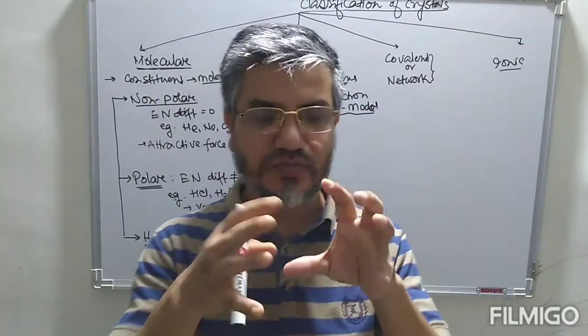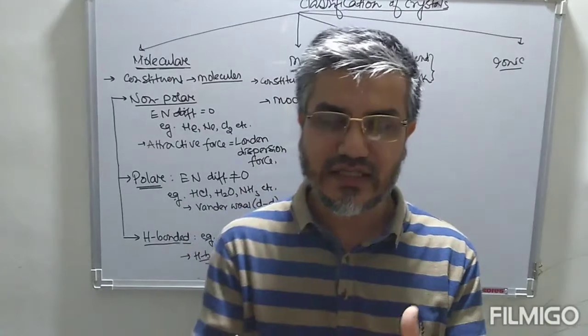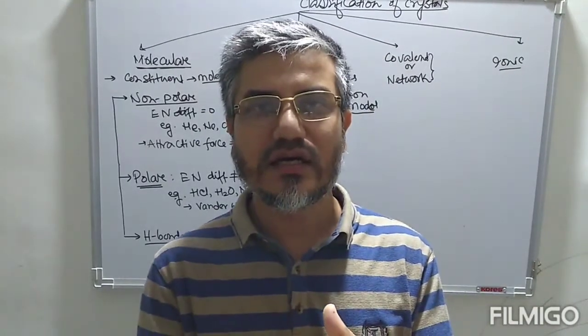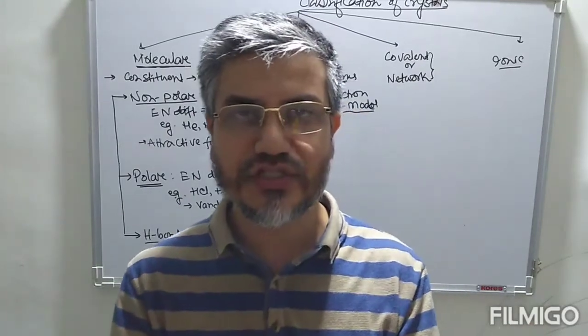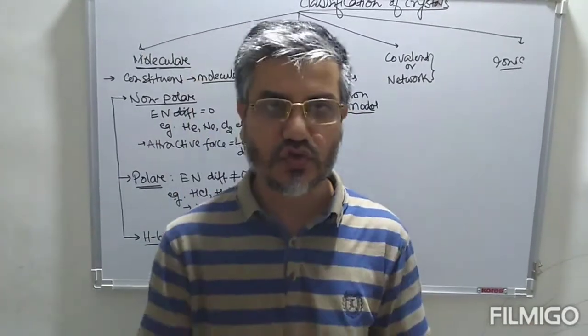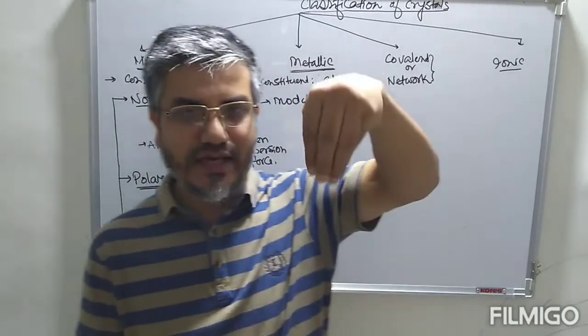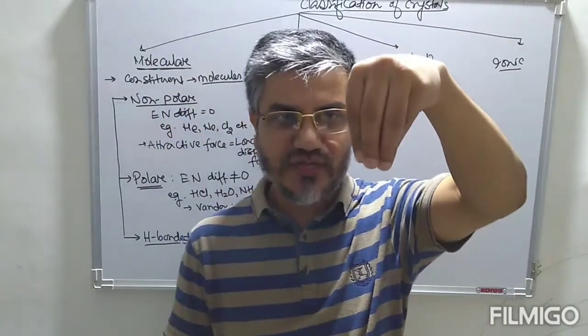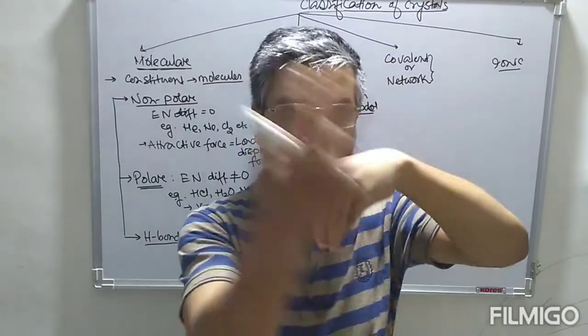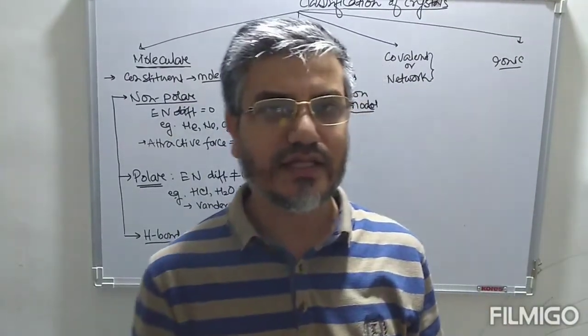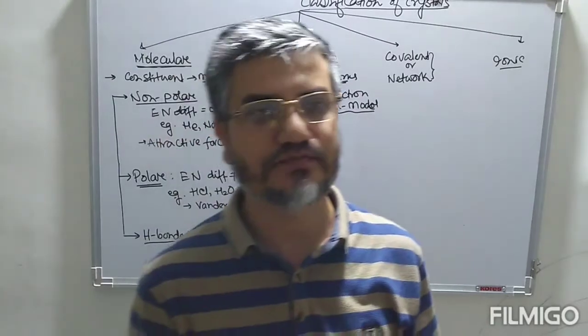These positively charged metal ions known as kernels are surrounded by an ocean or sea of negatively charged electrons. So we have a positively charged metal ion, which is known as a kernel. This is surrounded by an atmosphere of negatively charged free electrons.